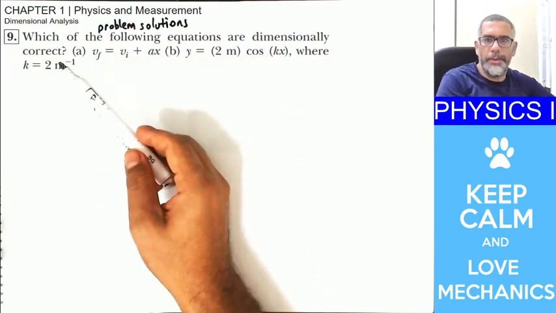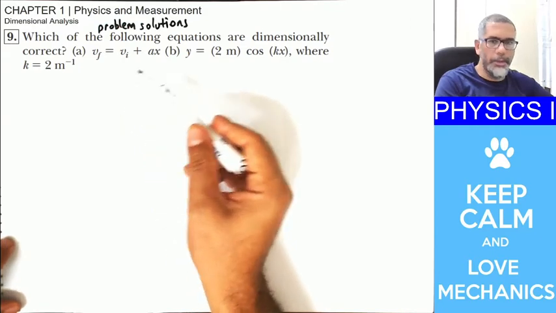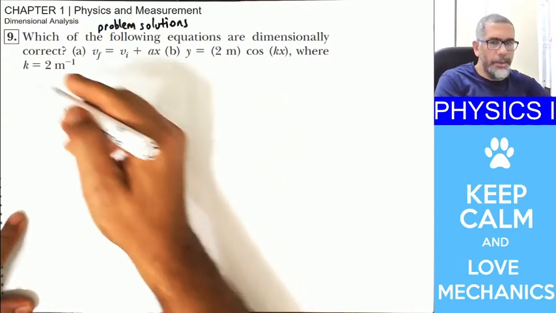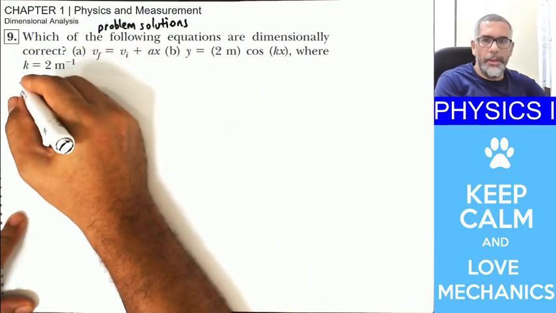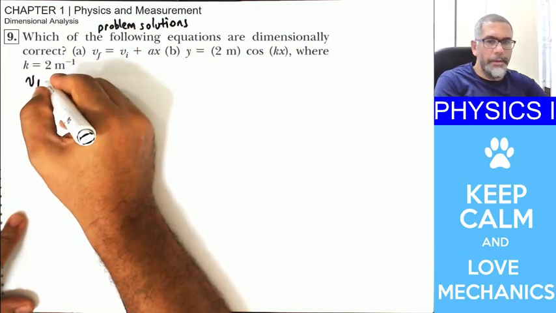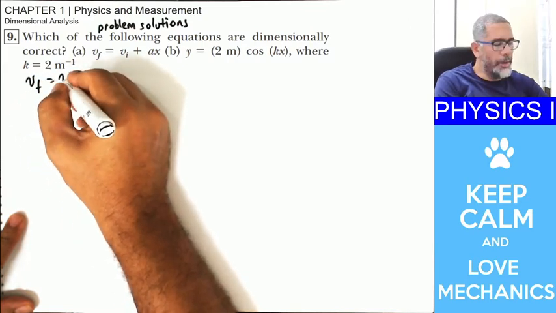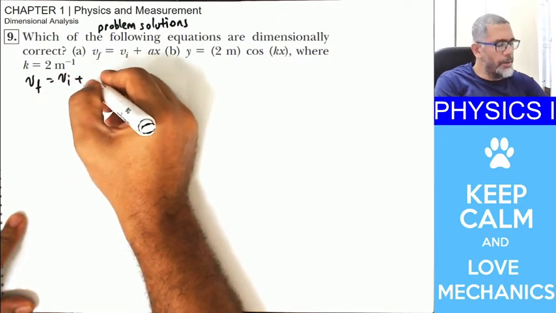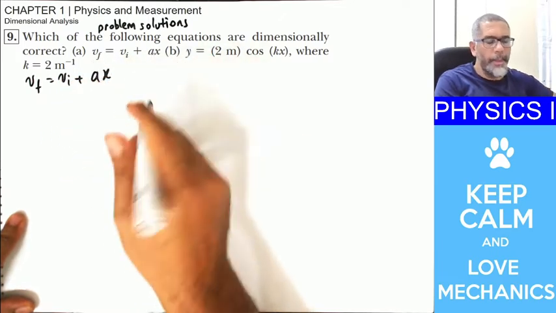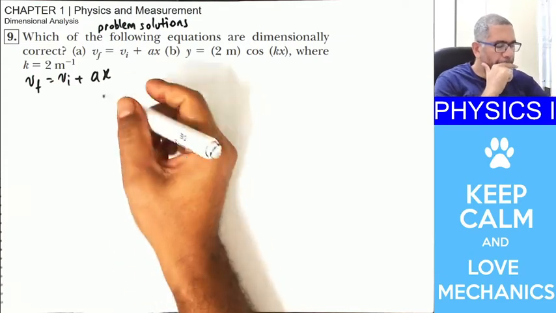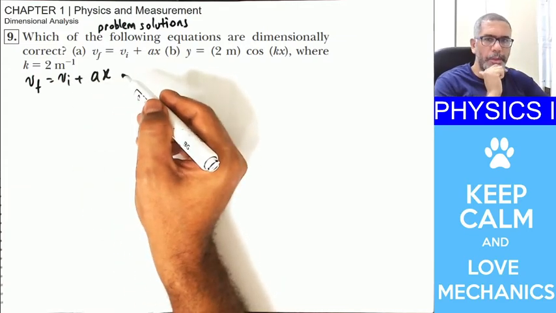The question is, which of the following equations are dimensionally correct? And the first one is, let me write it down in here. Vf, which stands for final velocity, is equal to Vi plus A times x. So is this equation dimensionally correct?